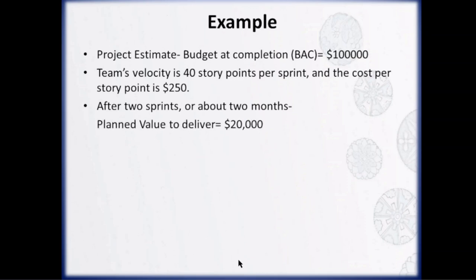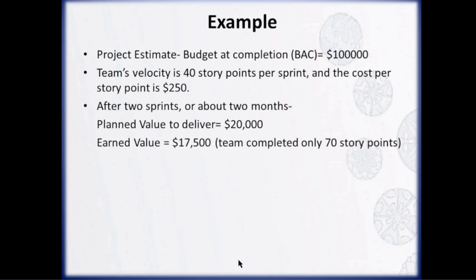Using the team velocity and cost per story point, we calculate the key elements. Suppose the team was scheduled to deliver work valued at $20,000 by this point in the project. This amount represents planned value. Now, let's say the team was supposed to finish 80 story points based on their velocity of 40 story points per sprint, but they only completed 70 story points.